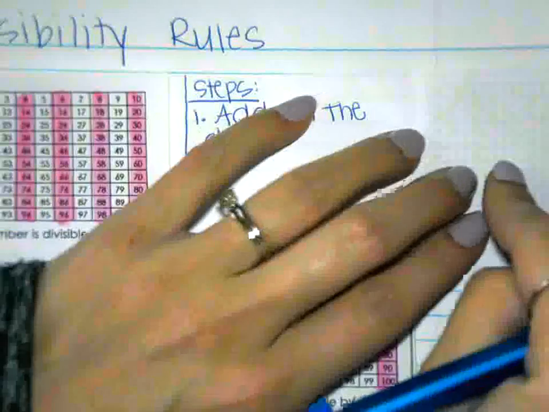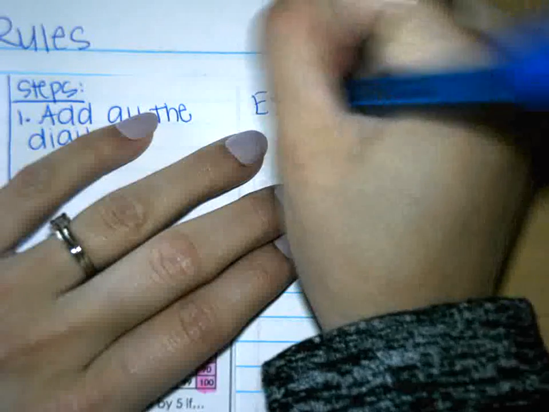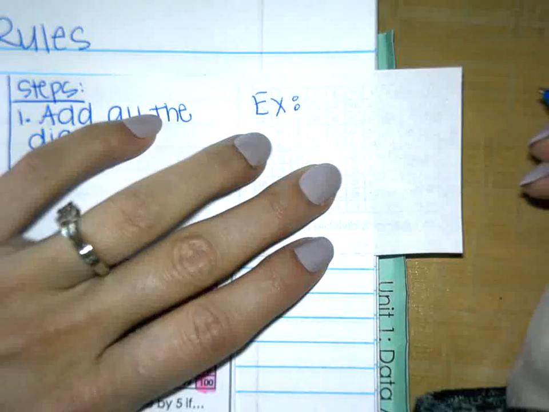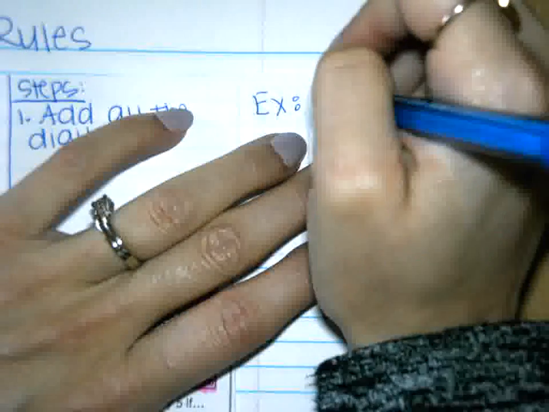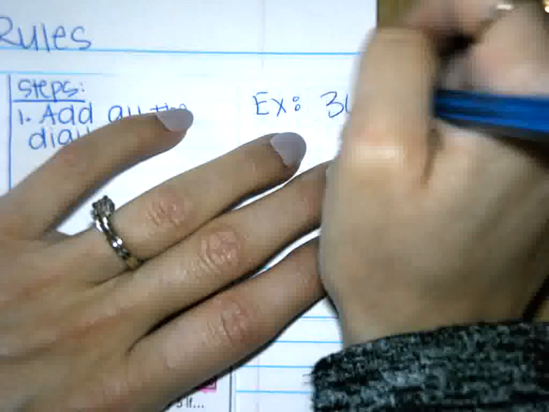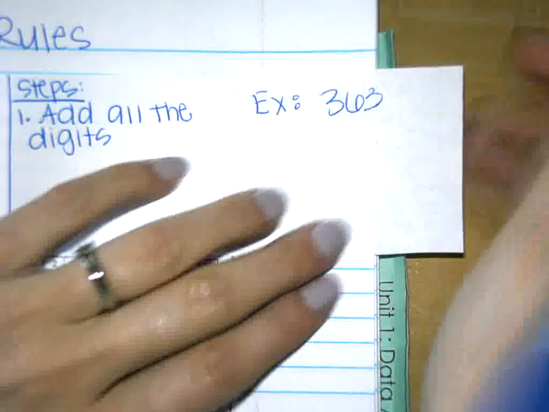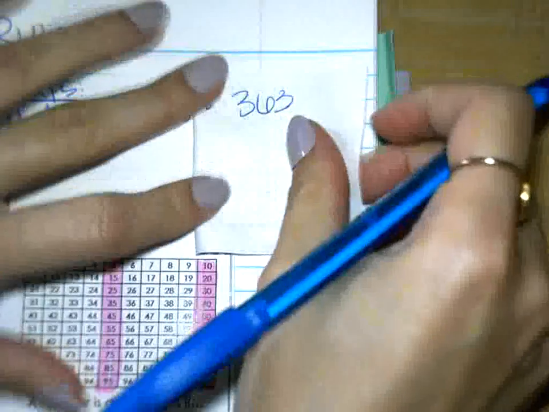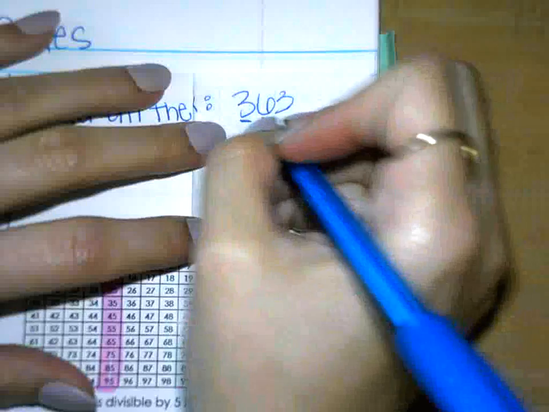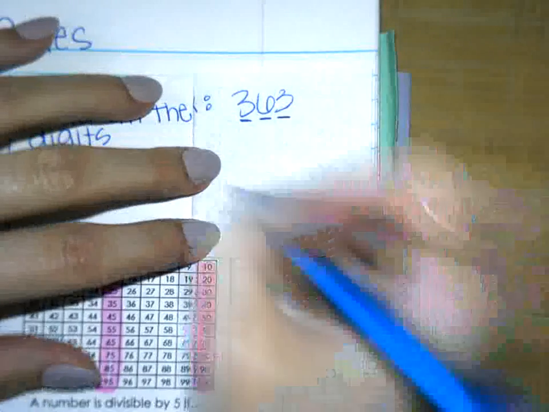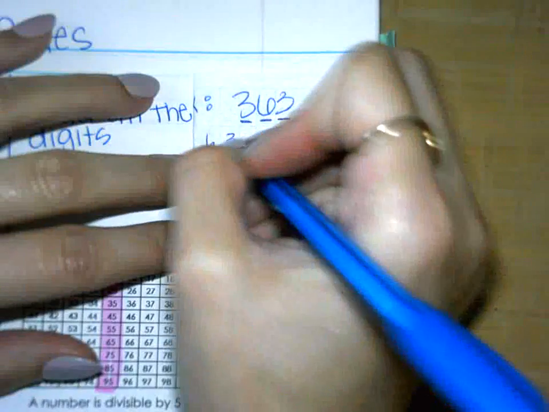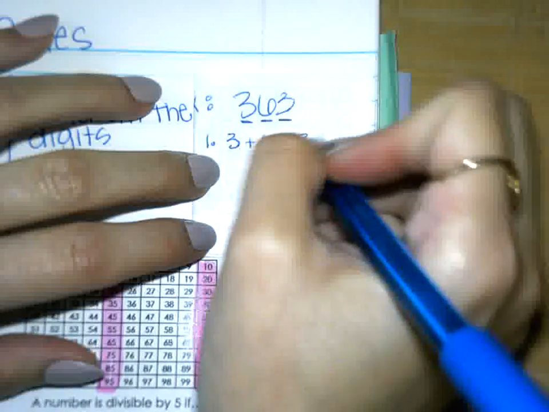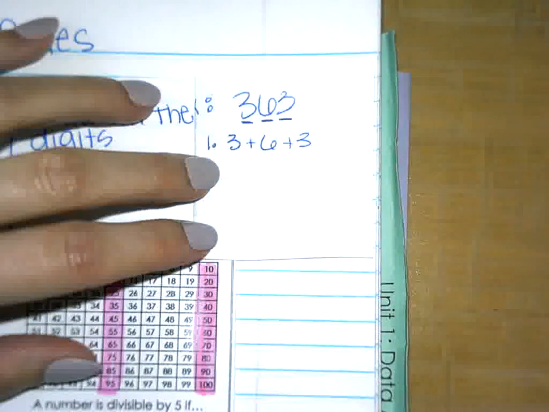Let's say I gave you the example $363. When I say add all the digits, I mean 3 is a digit, 6 is a digit, and 3 is a digit. So I want to do step 1, 3 plus 6 plus 3. I'm going to add all those digits together.